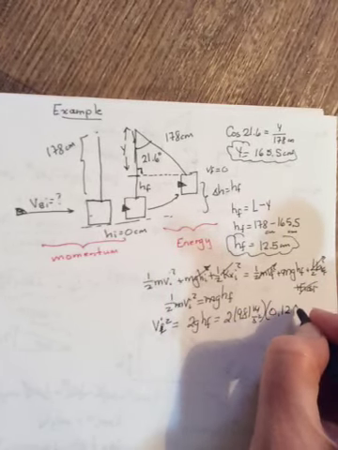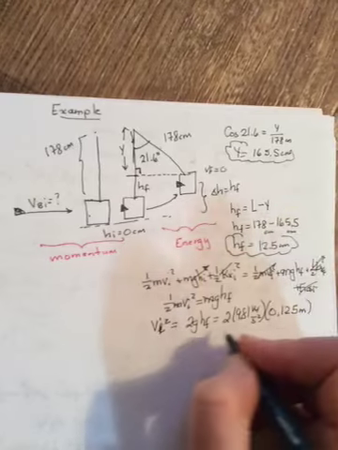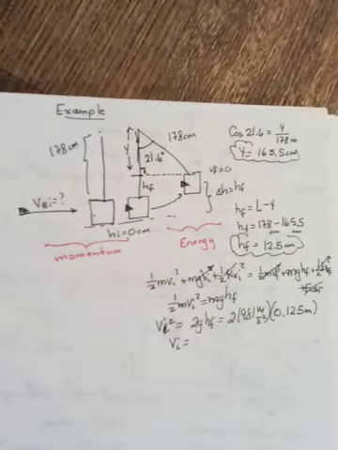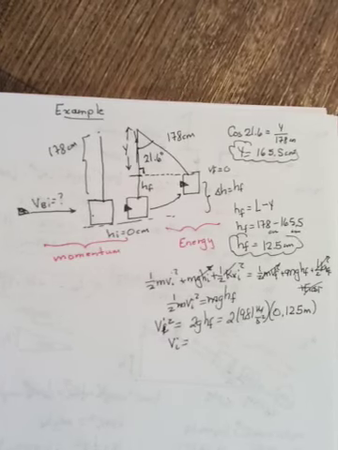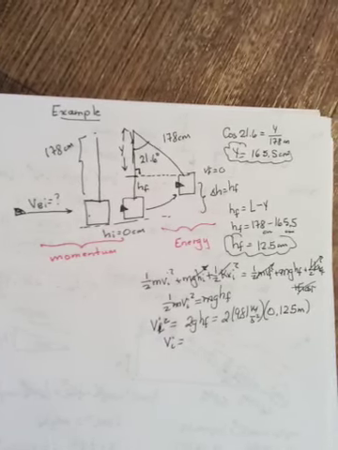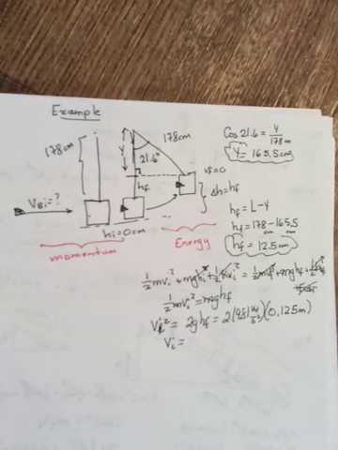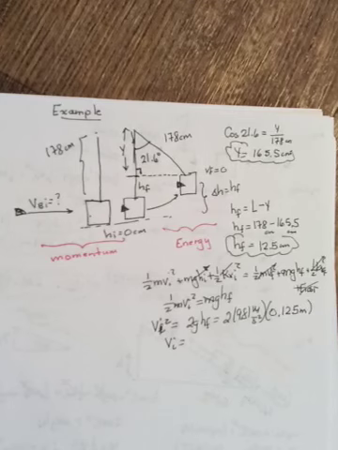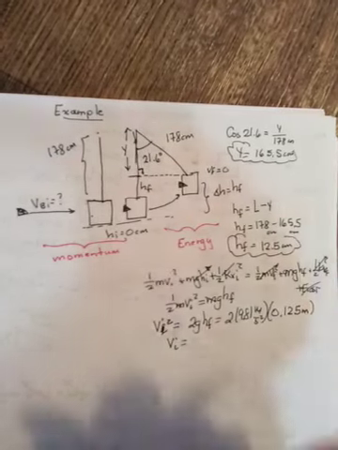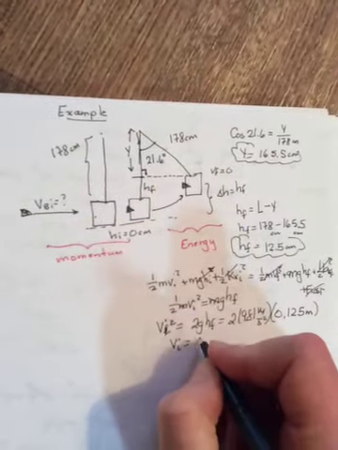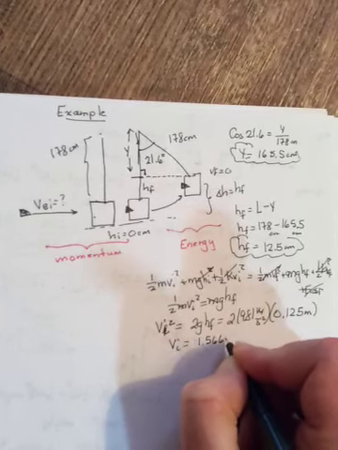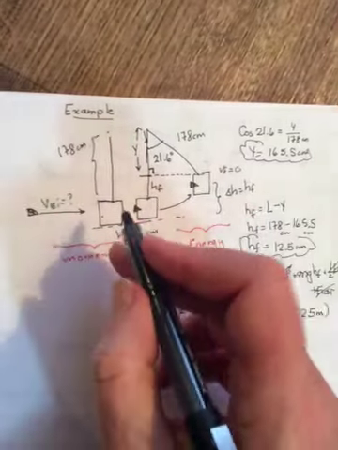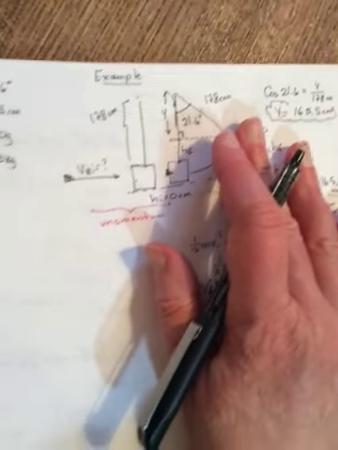So 0.125 meters. And remember, you need to take the square root there because it's V initial squared. Take the square root. I get 1.566 meters per second. Okay? So that's the speed with which the bullet and pendulum together swing up.